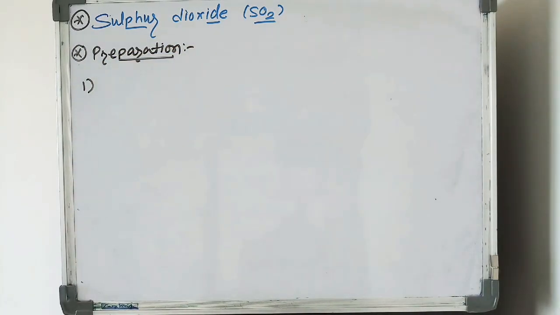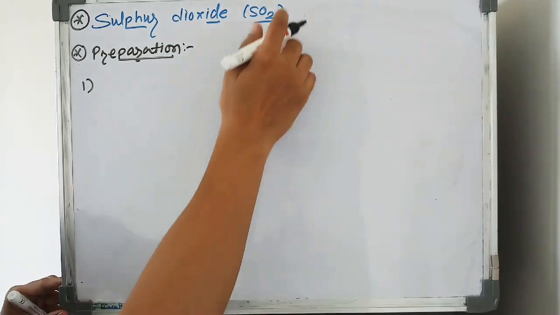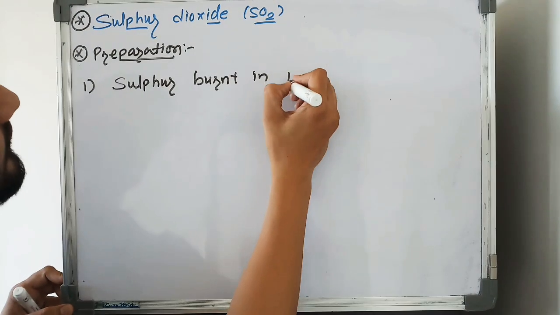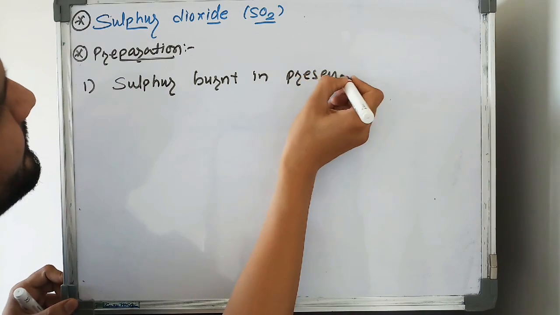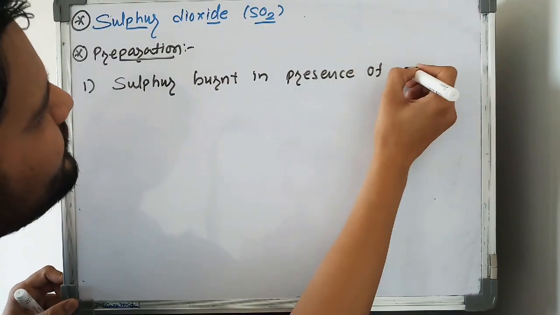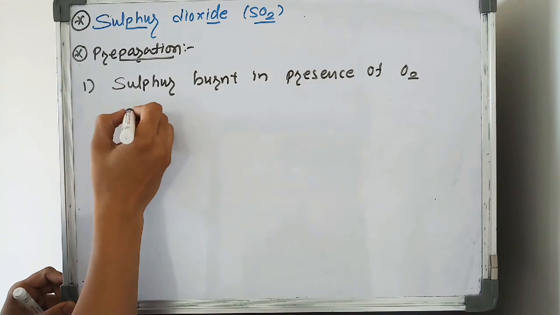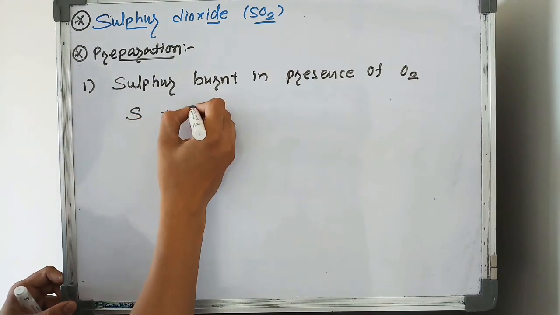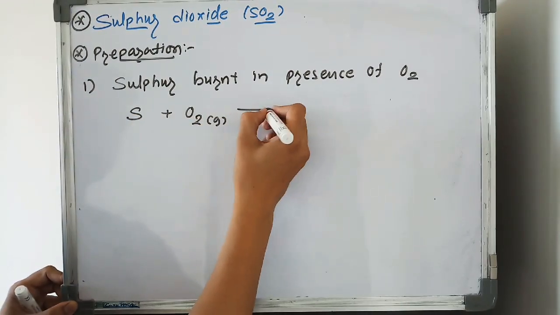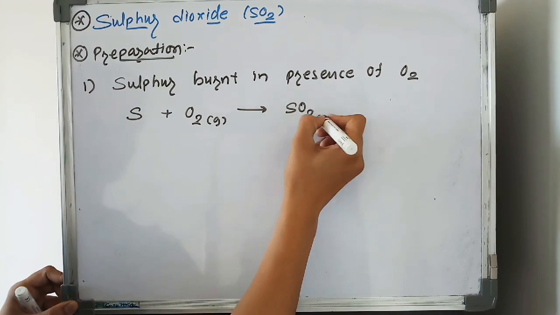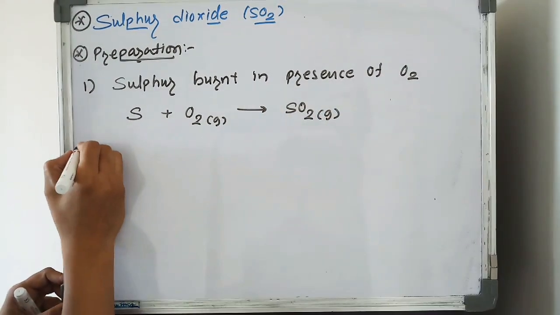When sulfur is burned in the presence of oxygen, that gives sulfur dioxide. Sulfur burnt in the presence of oxygen gives sulfur dioxide.